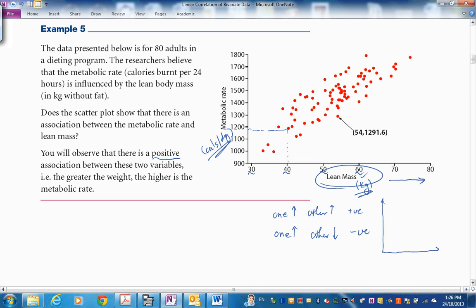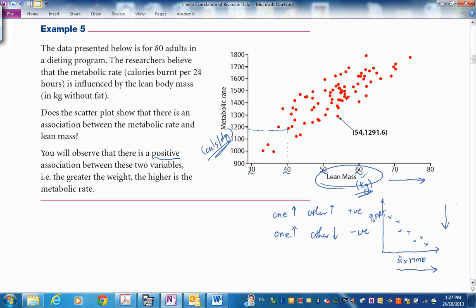Okay, so you might say your percentage fat content and exercise time. As you exercise more, generally your body fat will come down. So as this increases, this is decreasing.